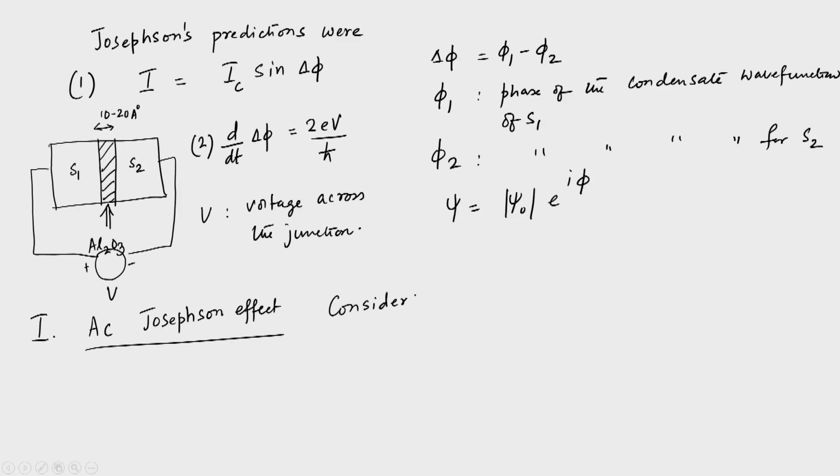Consider a constant or a DC voltage driving the junction.